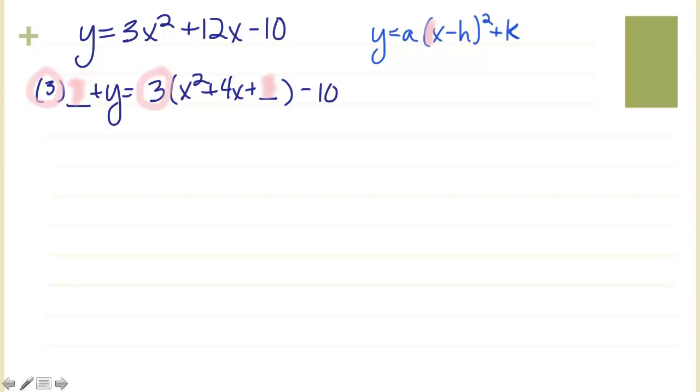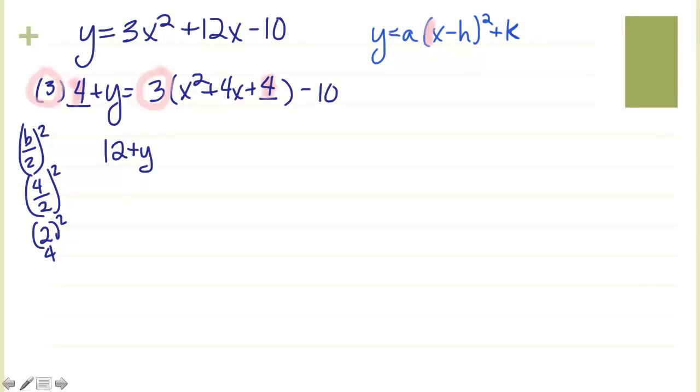Okay, so we're going to get our new c, b over 2 squared, which is 4 over 2 squared, which is 2 squared, which is 4. So we're going to put a 4 here and we're going to put a 4 here. But now this makes it 12 plus y equals 3 times x plus 2 squared minus 10.